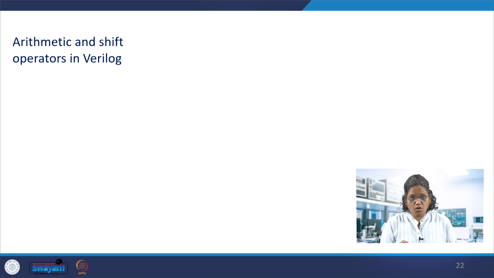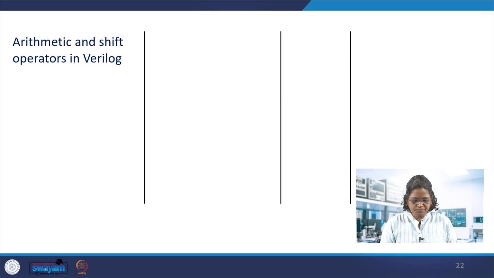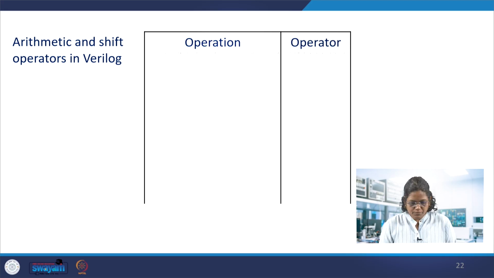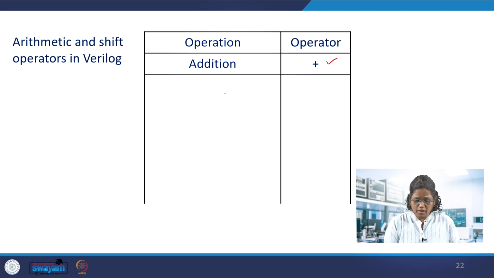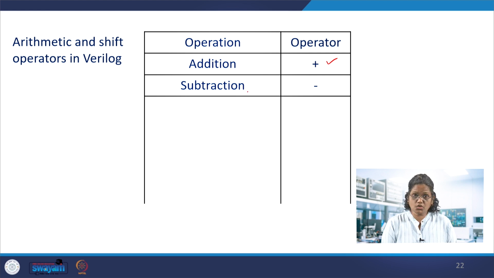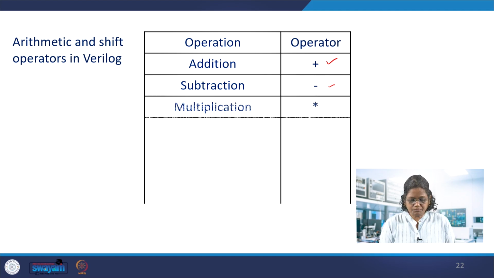Now the arithmetic and shift operators in Verilog. We take the operator and its operation. The addition operation is represented by a plus sign, and the subtraction operation by a minus sign. The multiplication is an asterisk, and the division is a slash.